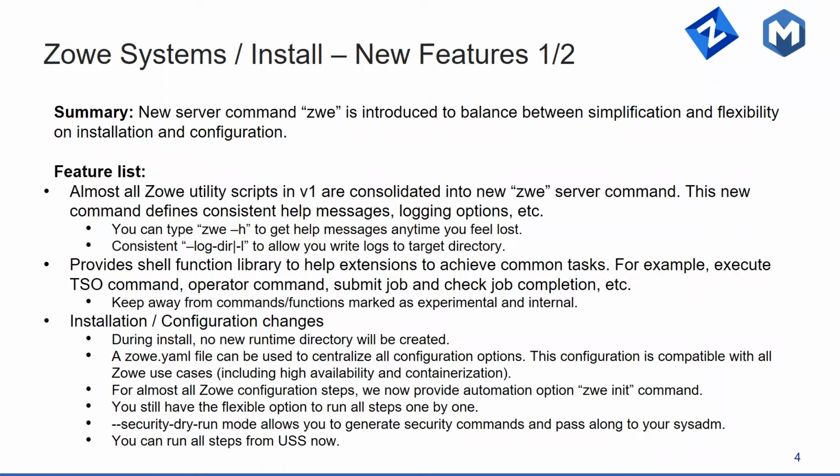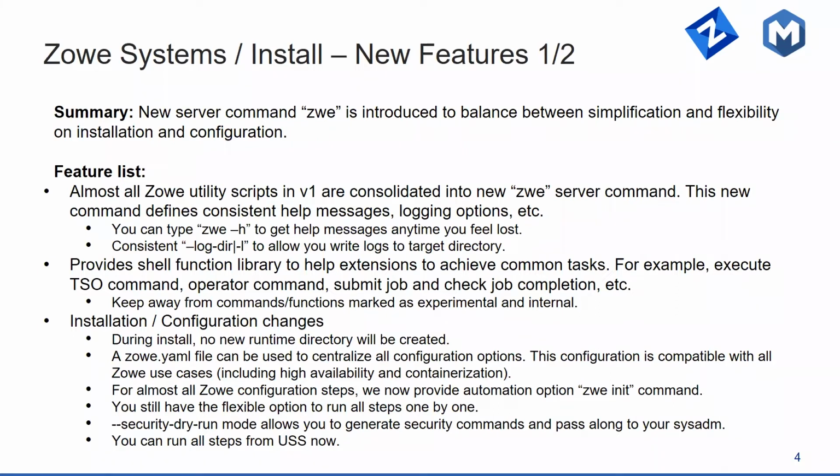In the past, another complaint we heard is that if you use Zowe configure, install, and configure, you must do it on USS. And in some of the steps, like the JCLs, you have to switch to TN3270 and run the JCL. In version 2, we try to do it consistently.